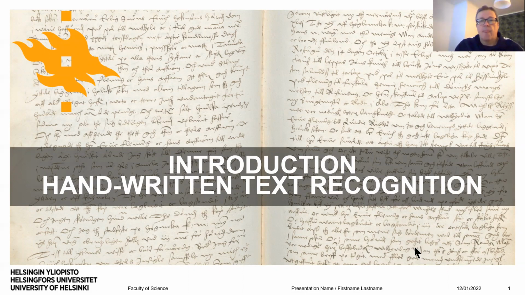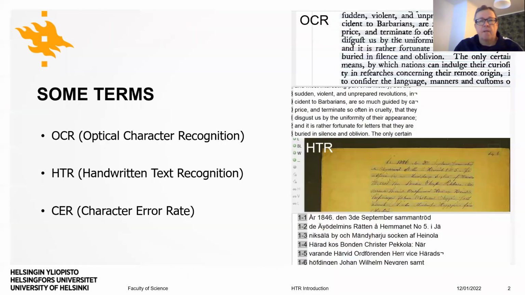In this presentation, the focus is on handwritten text recognition. It refers to an electronic conversion of scanned or photographed images that include handwritten text. Another similar method called OCR, optical character recognition, is converting printed texts.